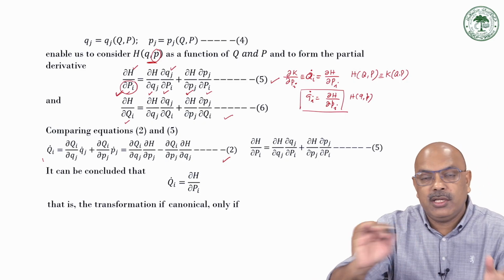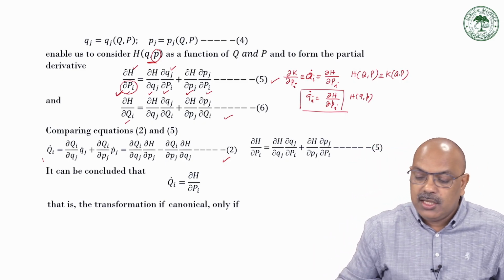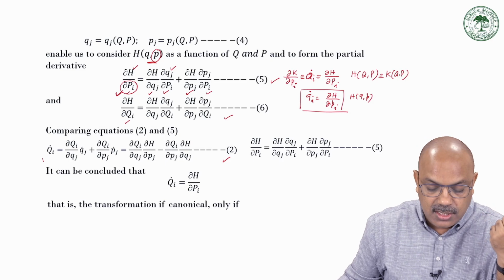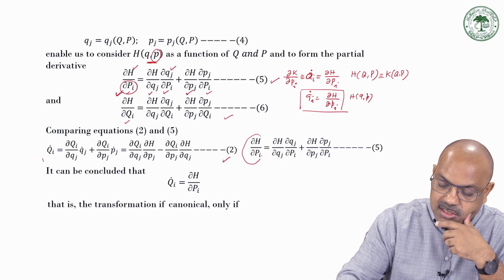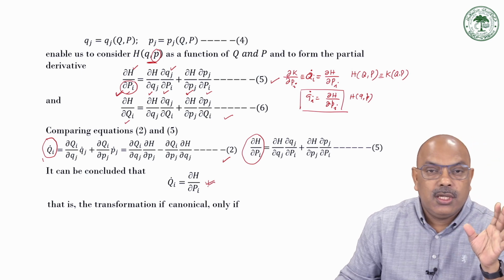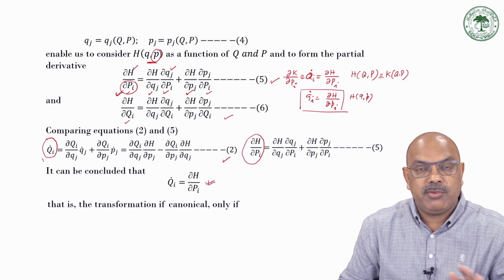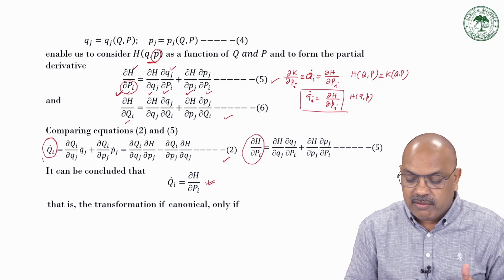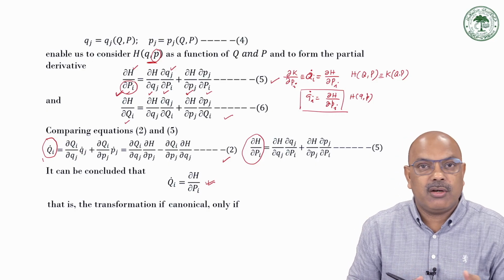Because the old and new Hamiltonian have to be the same, if you compare equation number 2 and equation number 5 here, what I demand is that this must be equal to Q dot. If I demand this, so that the transformation has to be canonical, then which components are going to be the same?